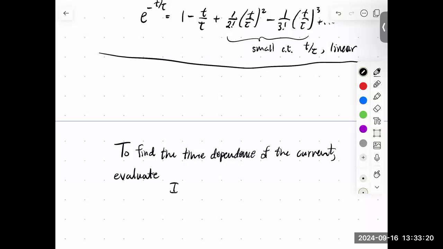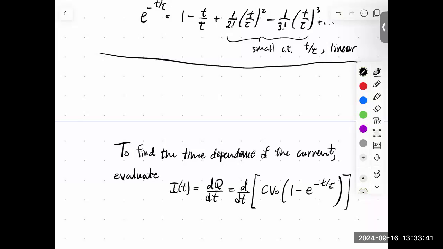I of t is going to be dq dt, which is going to be d by dt of what? Well, it's CV0 times 1 minus e to the minus t over tau.